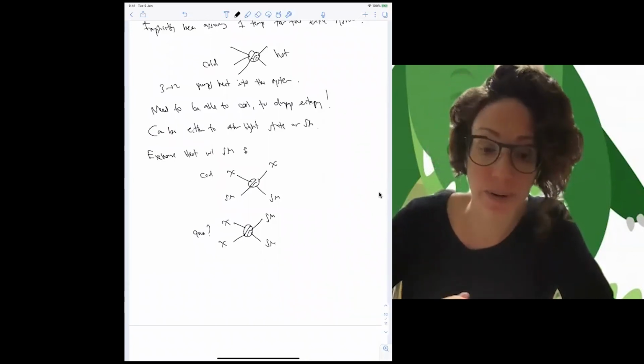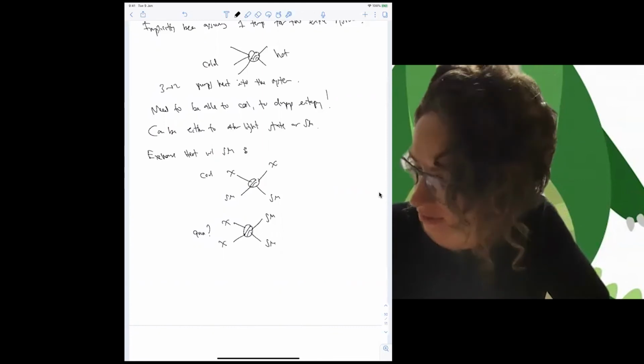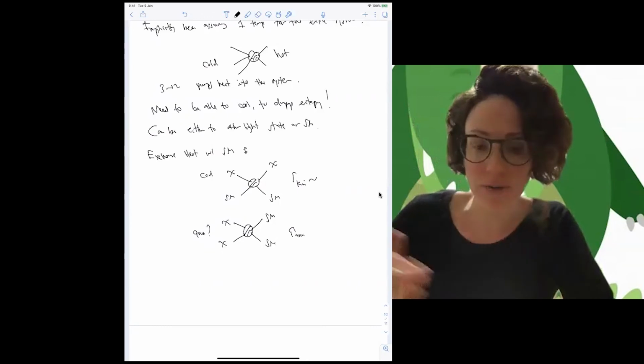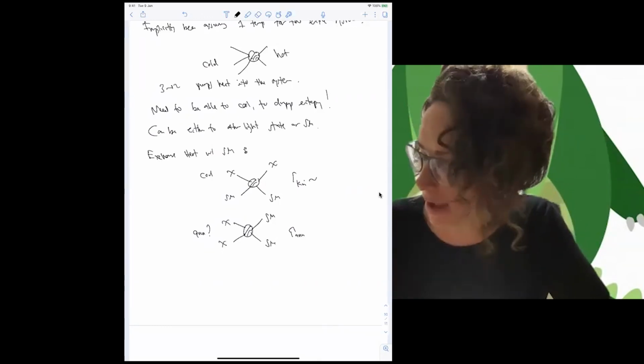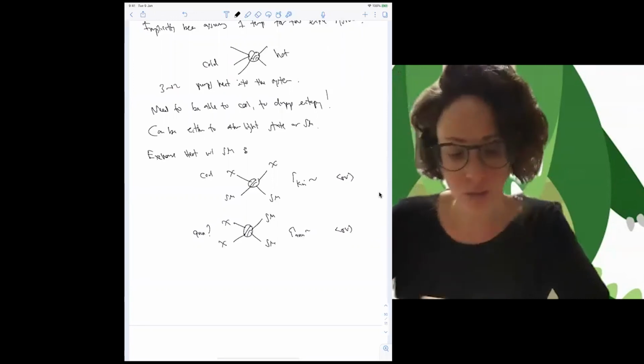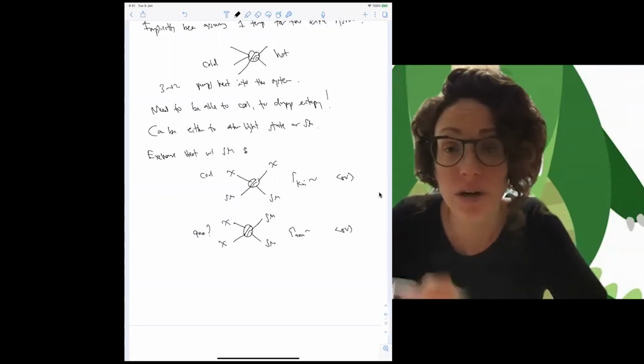The rate for this kinetic equilibrium, elastic scattering term, and the rate for the annihilation are both proportional to some thermally averaged cross section, which is roughly the same between the two.